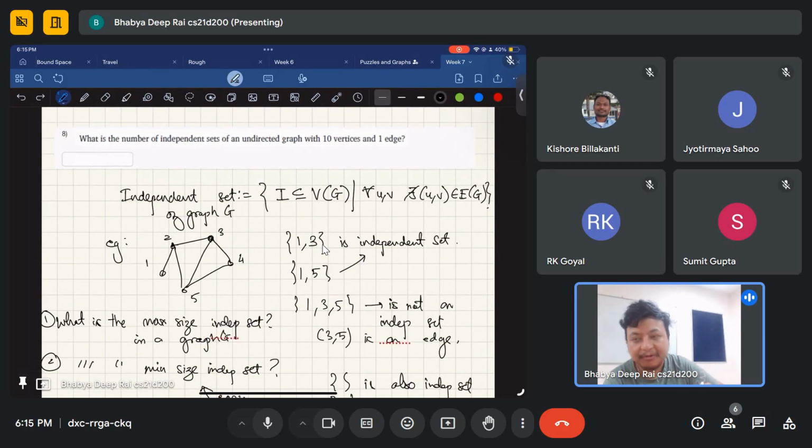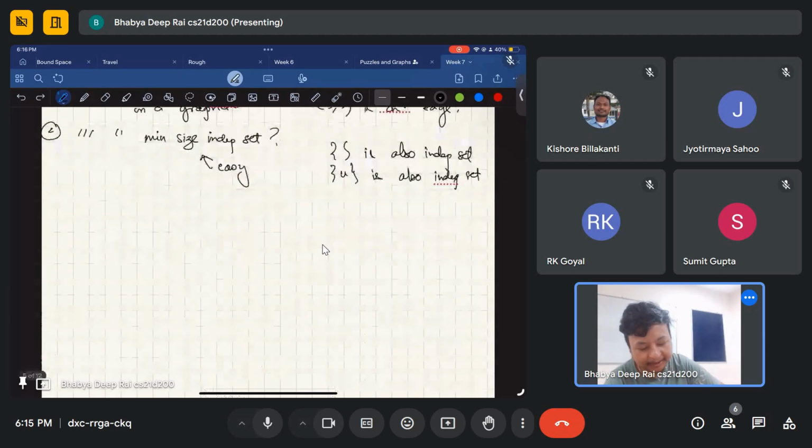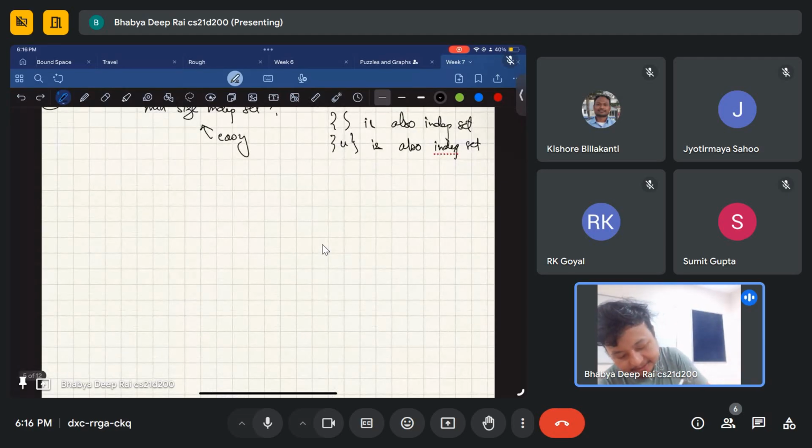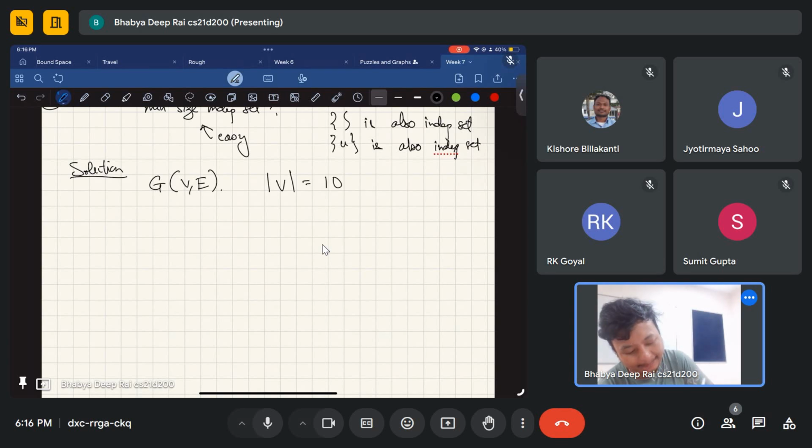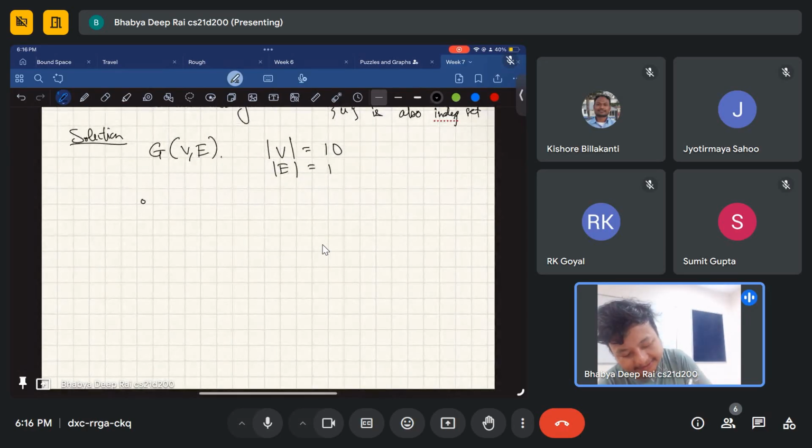We'll come back to the question: what is the number of independent sets of an undirected graph with 10 vertices and 1 edge? Solution. G is a graph with vertex set V and edge set E. The number of vertices is 10, the number of edges is 1.